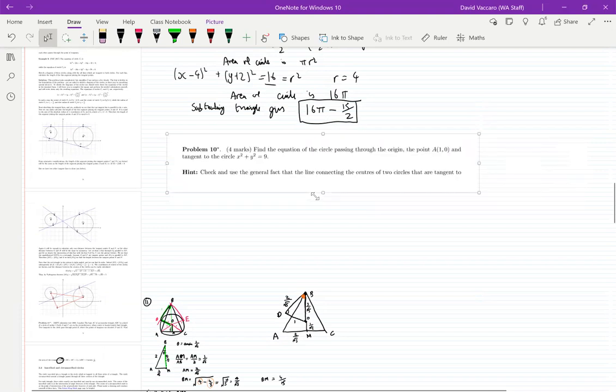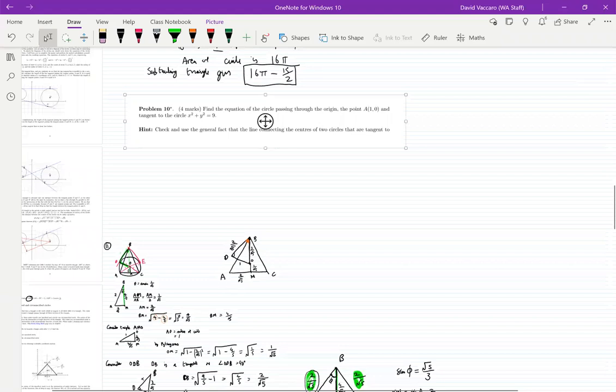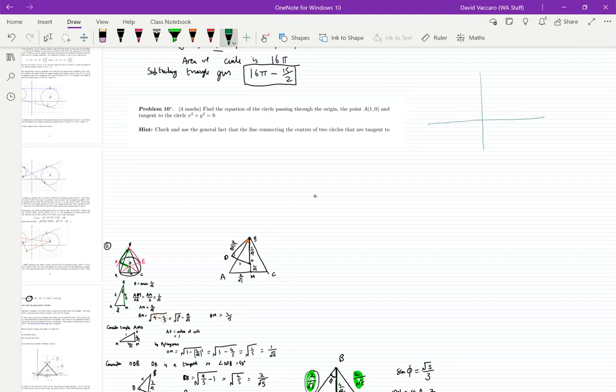So find the equation of the circle passing through the origin, the point A (1, 0), and tangent to the circle x squared plus y squared equals 9. So x squared plus y squared equals 9 is a circle of radius 3.